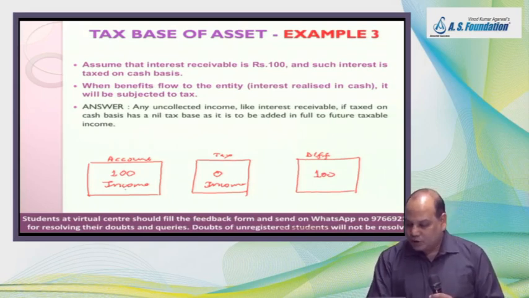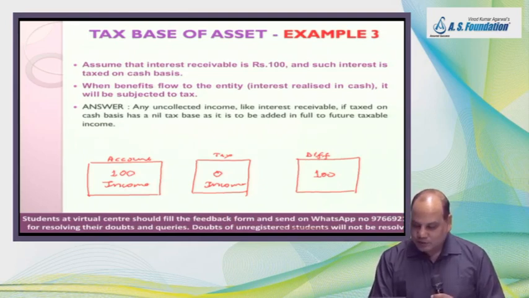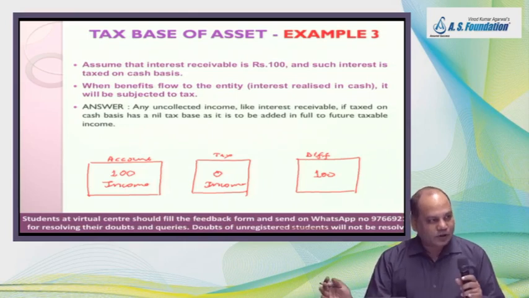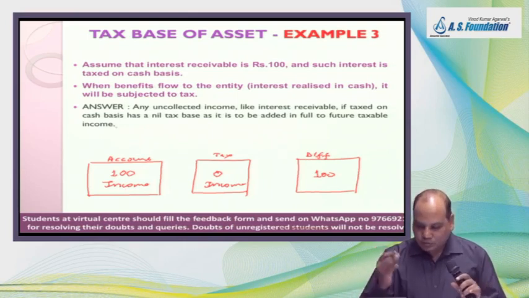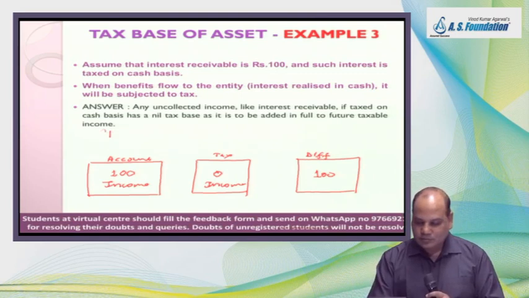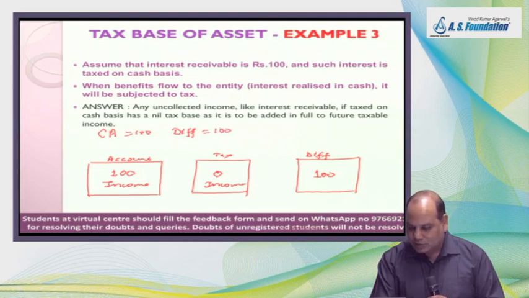Now, if you can imagine these two things, that in books I have treated 100 rupees as income, for tax I have given 0 rupees treatment, which means there is a difference between my treatment in books and tax, 100 rupees. Now do reverse working under this standard. Under this standard, carrying amount is 100 rupees. Difference is 100 rupees.